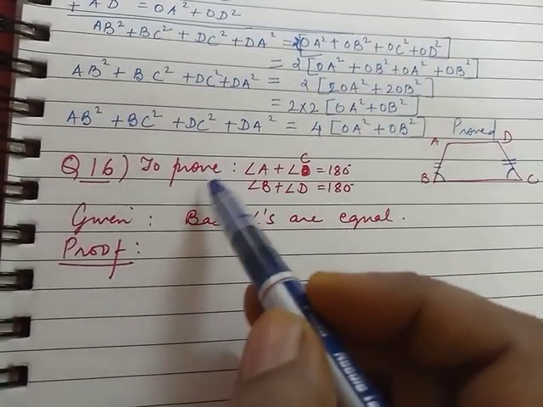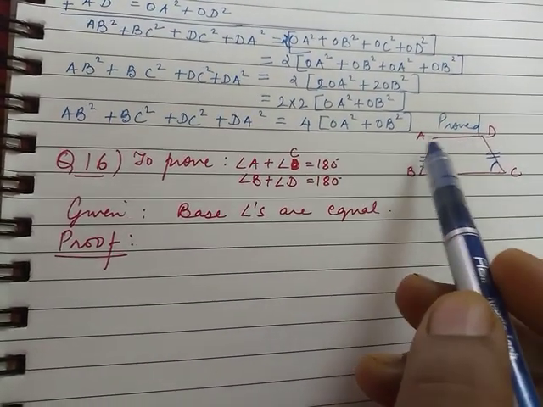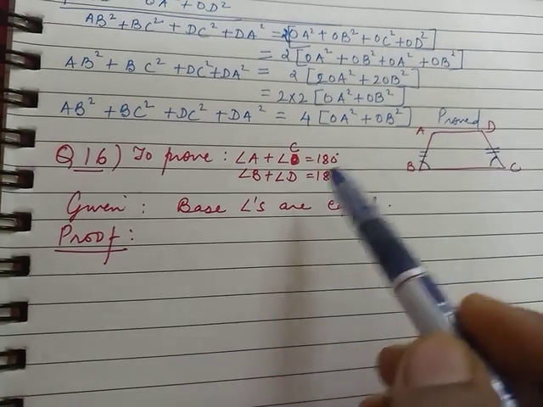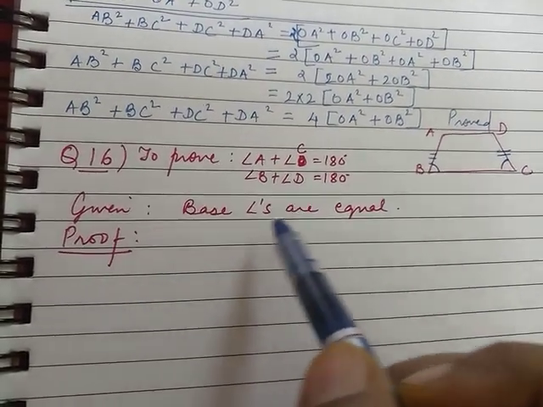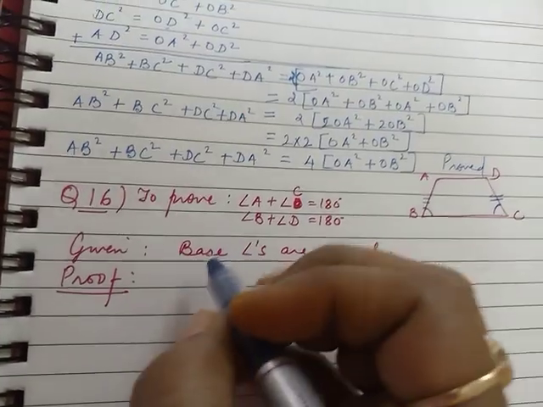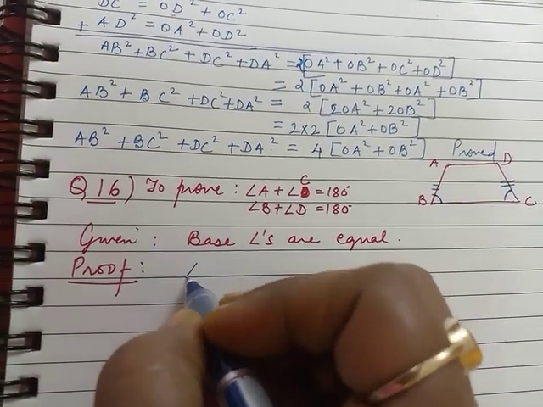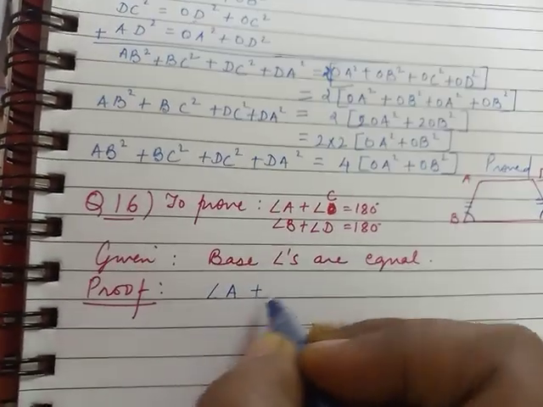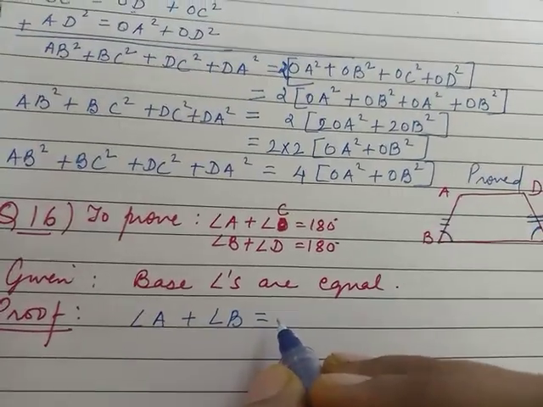I have written, to prove angle A plus angle C is equal to 180, we have to prove that opposite angles are supplementary, and angle B plus angle D is equal to 180. What is given? It's given that it's an isosceles trapezium, therefore base angles are going to become equal. So firstly I am going to write angle A plus angle B is equal to 180.